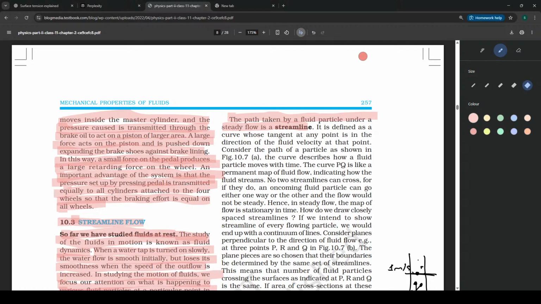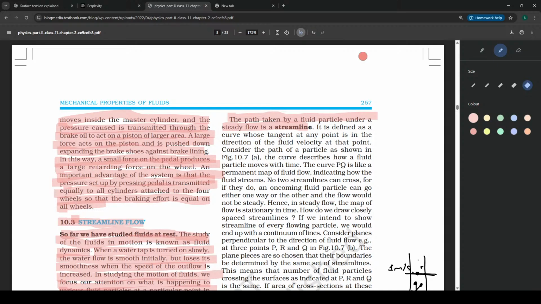What is a streamline? We understood what a steady flow of water is. Now, what is a streamline? A streamline is the path taken by a fluid particle which is under a steady flow, which is under a constant velocity at every specific point.